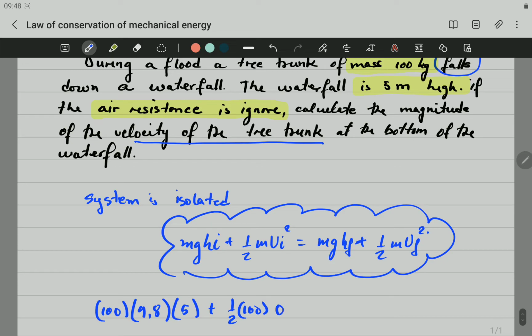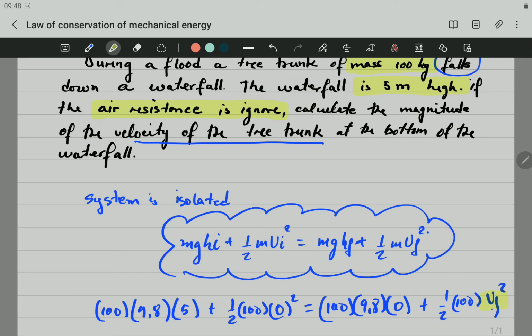So the initial speed is 0 to the power 2, equal to the mass, 100, times 9.8, and the final height is on the ground. So there is no height when it's at the bottom of the waterfall. Plus half, the mass is 100, multiplied by the final speed squared. So this is what they want. You're looking for the final speed.